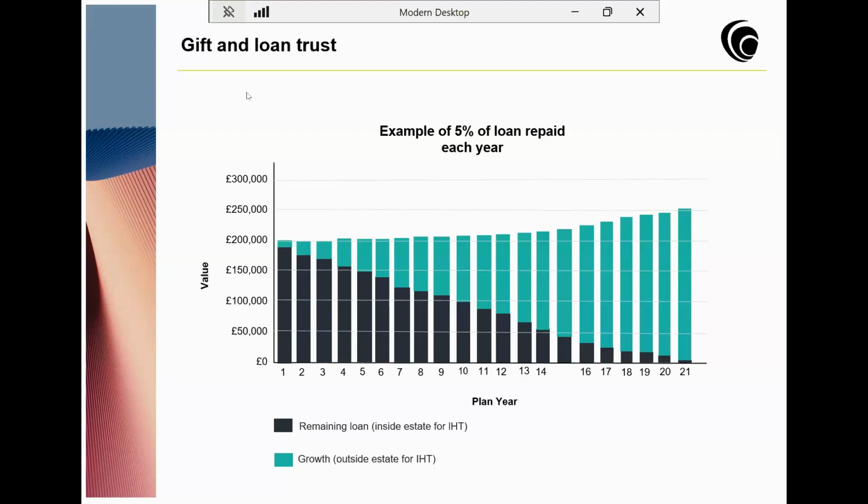But in the meantime, they've been enjoying the return of capital to ensure that the capital is outside and spent during that 20-year period. The downside, or one of the downsides of a gift and loan trust, is sometimes clients set them up but don't access the capital, because if you're doing that, it's just going to fall back into the estate.